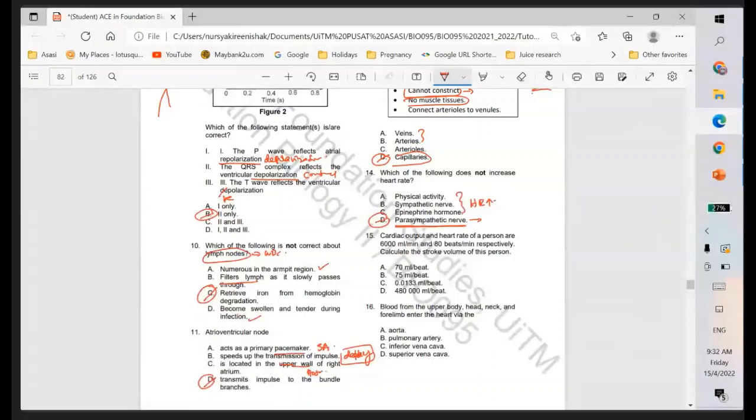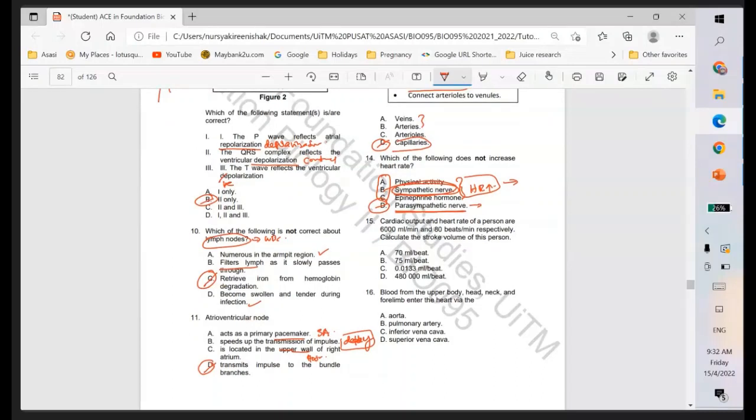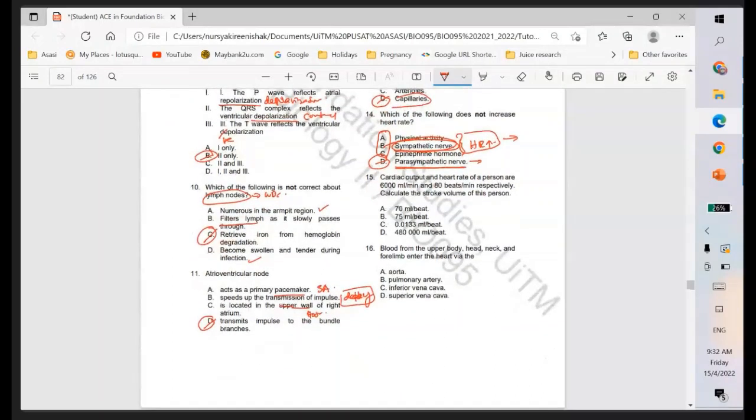This is to allow more distribution, more circulation of the blood to provide more oxygen and also fuel for cells to respire. So for statements A, B and C, they are explaining the sympathetic nerve, which is to increase heart rate, which is to allow the body to gain more energy, to respire more. Okay?